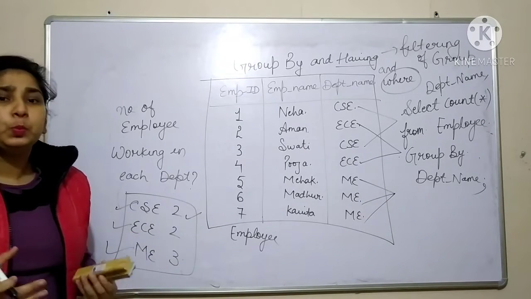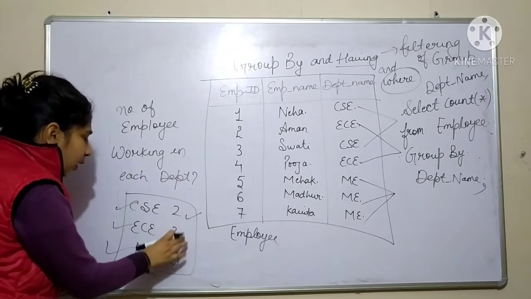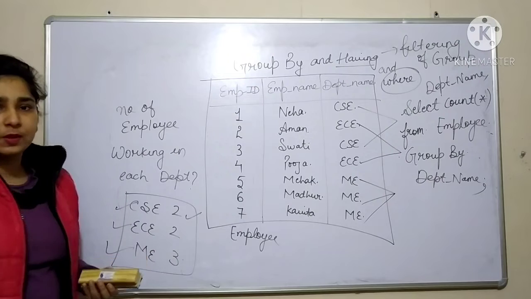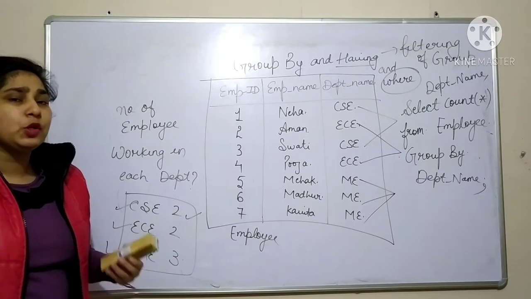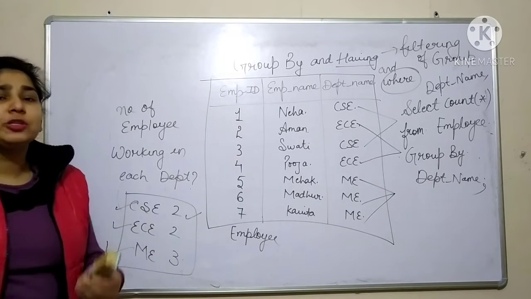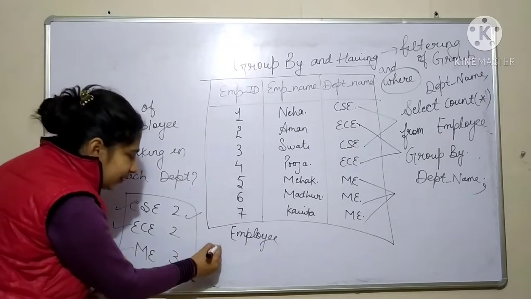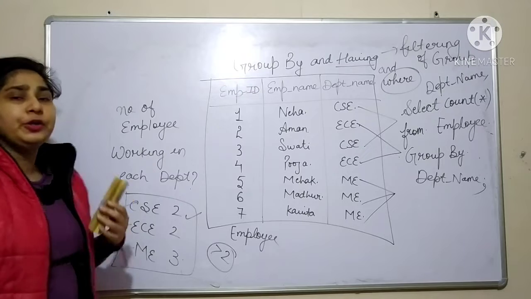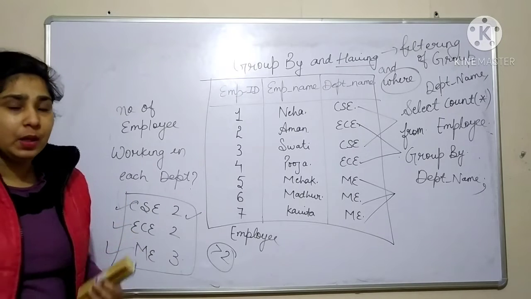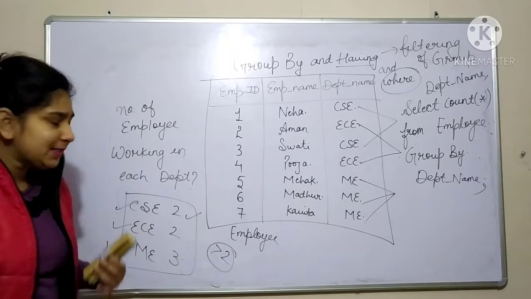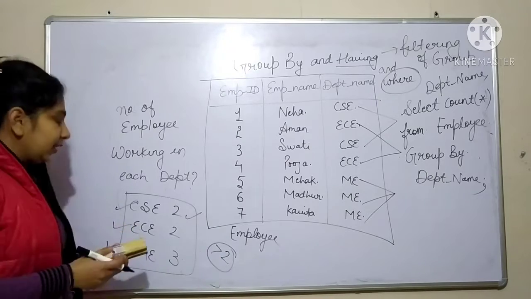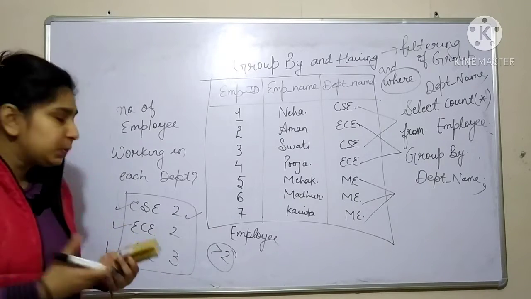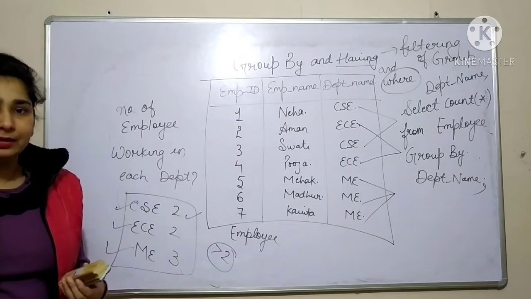Okay, but now we want to make a filtering of these three groups. We don't want all these three groups. I want just that group in which the number of employees is greater than 2. I just want to know the department name where the number of employees is greater than 2. I don't want to see the number of employees working in each department.